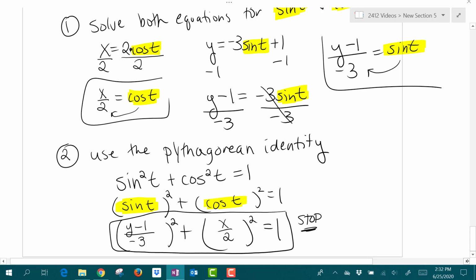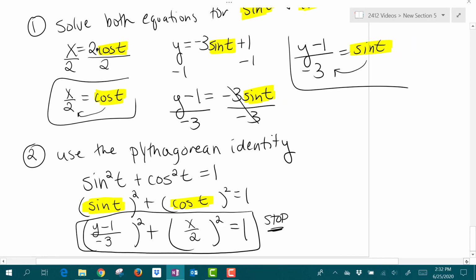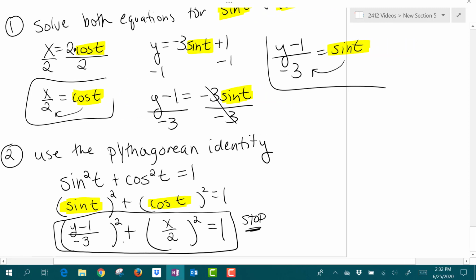Now, before we go any further, let's think about an optional simplification to relate what we have in our picture with what we know about equations. So optional. I'm going to square both of these fractions. So I'm going to square the top, so that's y minus 1 quantity squared.